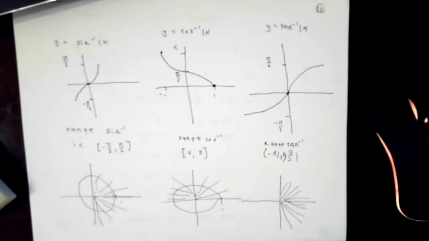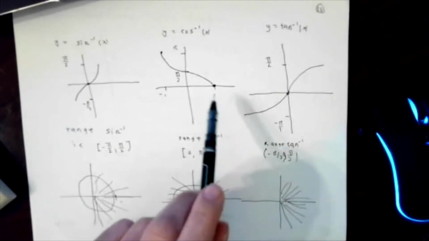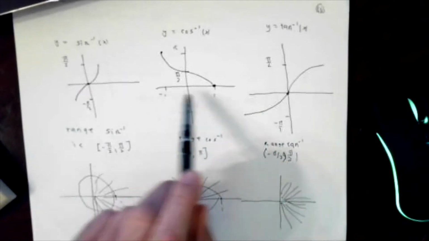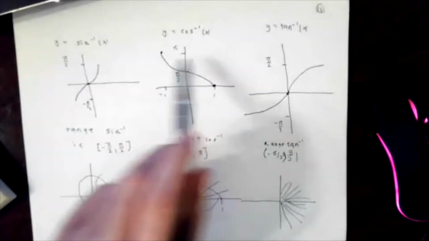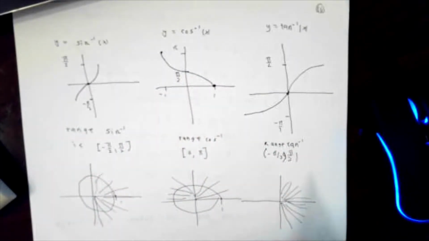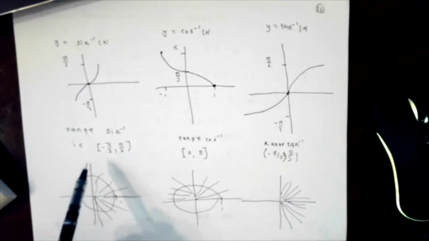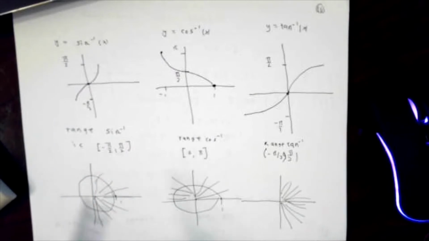The answers, the y coordinates that come out of inverse cosine could be as small as 0 or as big as pi. The range of the inverse tan is almost the same as the range of the inverse sine, except you can't actually get pi over 2 or negative pi over 2.